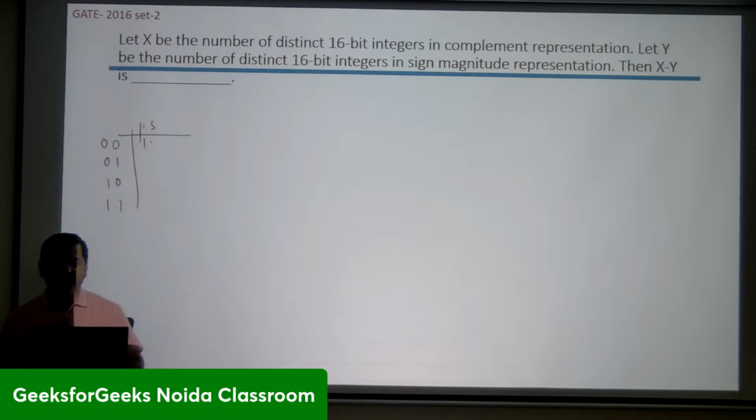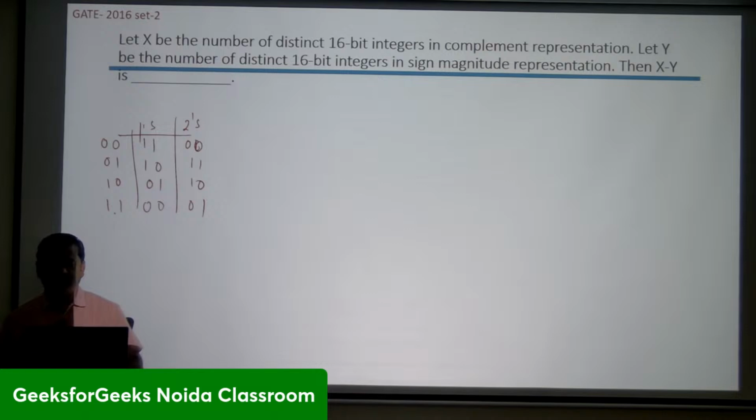It is going to be 11, 10, 01 and 00. What about the 2's complement? It is 00, 11, 10 and 01.